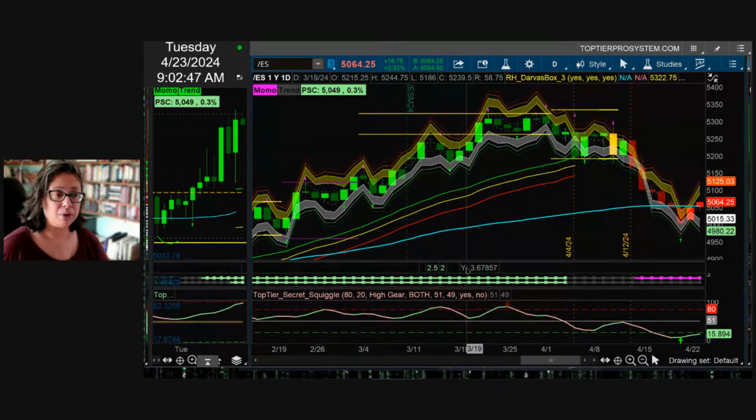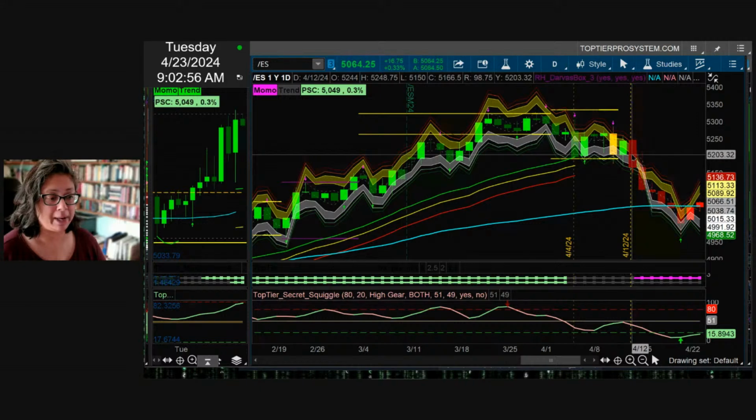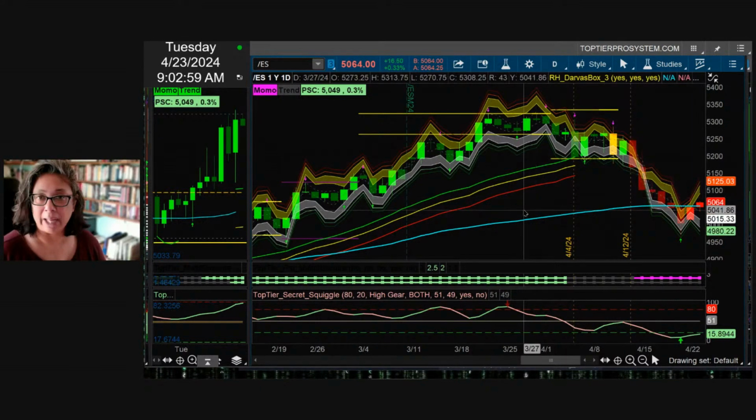And for those traders who like to use crosses, if a 20 candle average has to cross with a 50 candle average, and this weakness has really only been happening since the 12th, how late to the party is that calculation? Those are really classic ways of looking at structure, but they're dated.